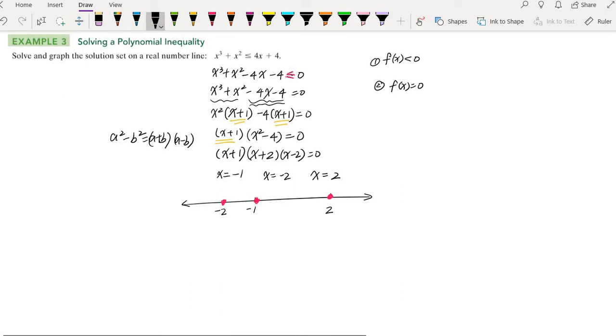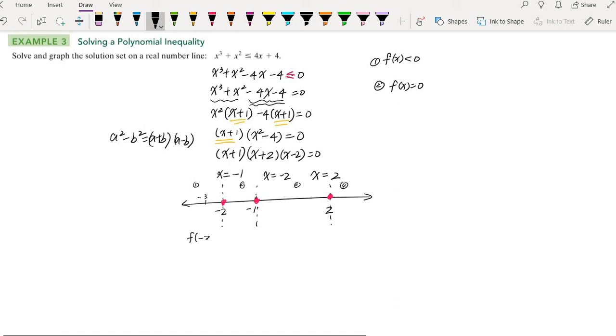And then once you have this, we're going to cut it into, in this case, 1, 2, 3, 4 intervals, right? So here is my first interval, second, and then third and fourth interval. We're going to pick a testing point for each interval. I'm going to start with the left side. I'm going to pick -3.